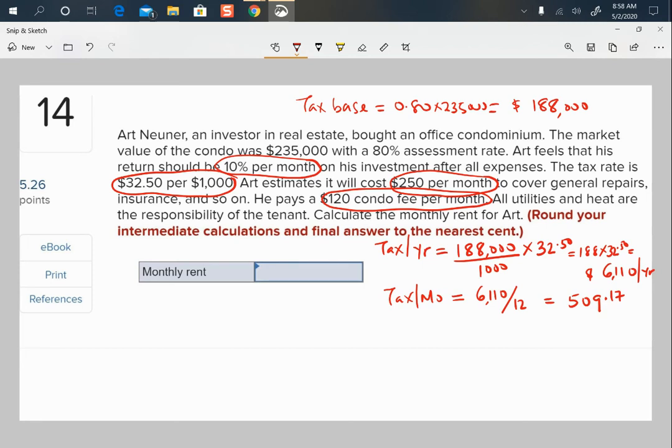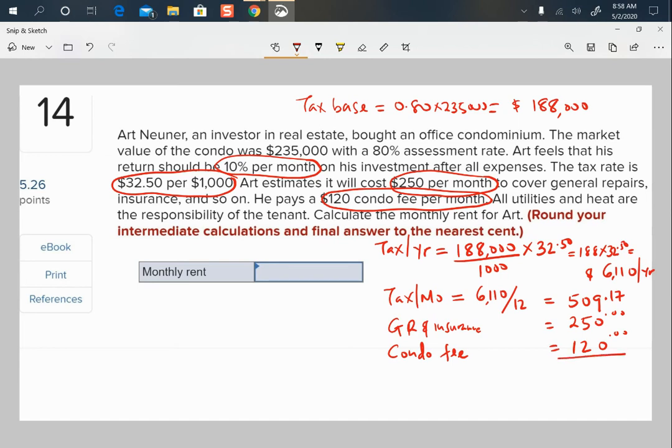And then we just have to add the other expenses so that we have the total expenses. So we are going to add the general repair and insurance to the 509, and this is $250. Then we also add the condominium fee, which is $120 per month.